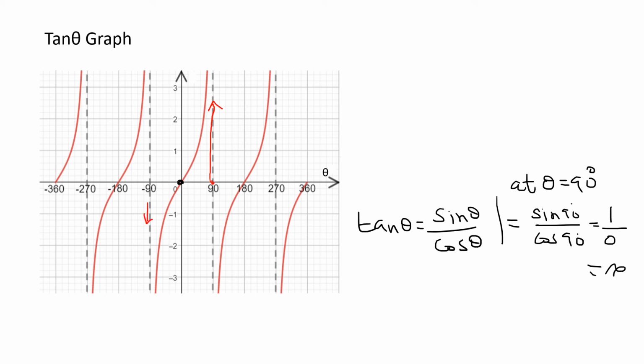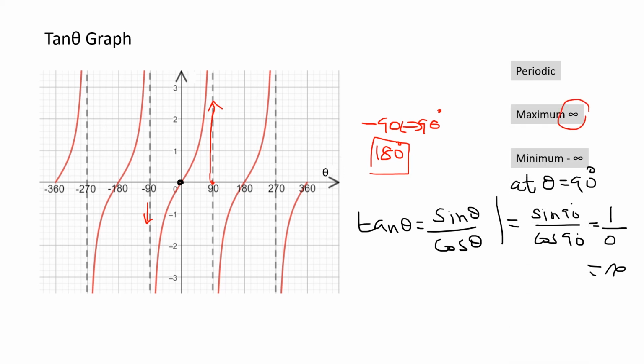But like the previous two graphs, sine and cos, this graph is also periodic. Sine and cosine graphs repeat themselves every 360 degrees, but the tan graph repeats every 180 degrees. And the maximum value is infinity, the minimum value is minus infinity.